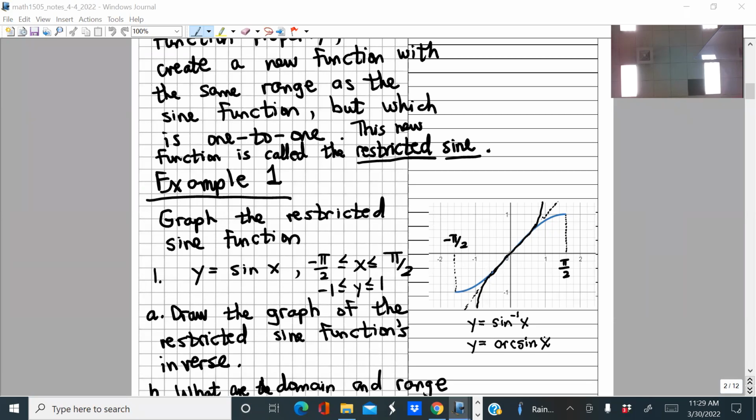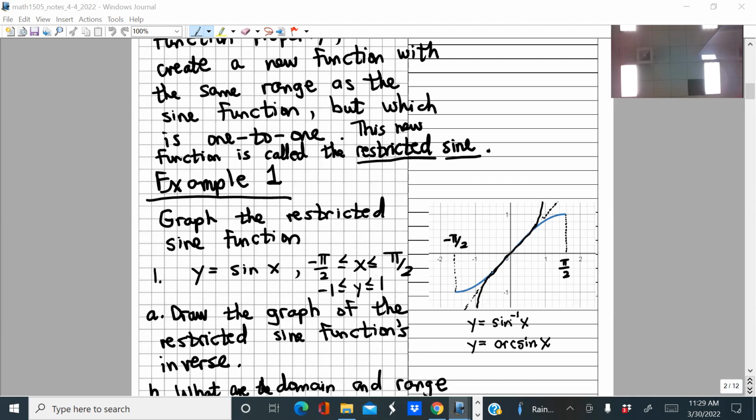It's also called the arc sine function. These two names mean the same thing. Arc sine is the old-fashioned name for the inverse of the sine function, and sine -1 is the modern notation. You decide which one you like best.